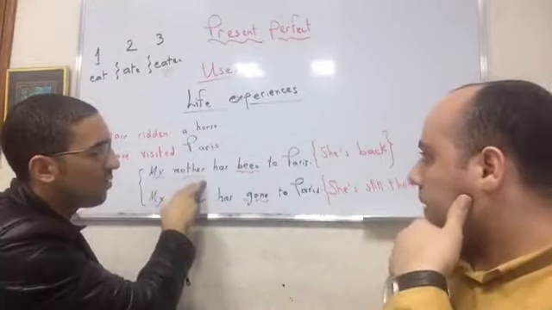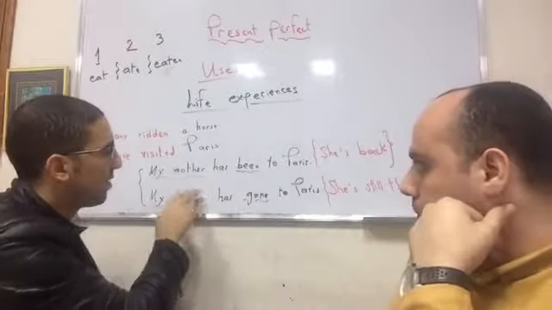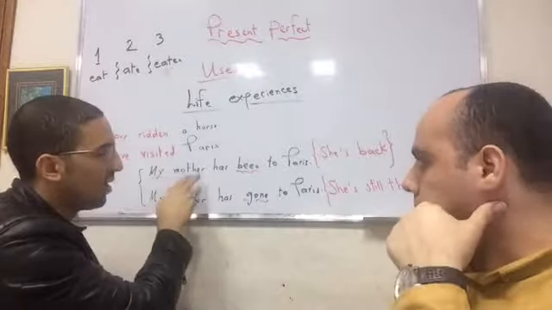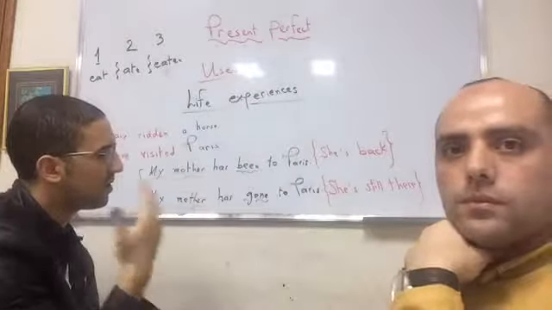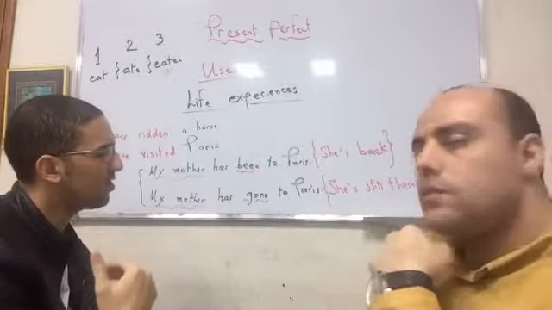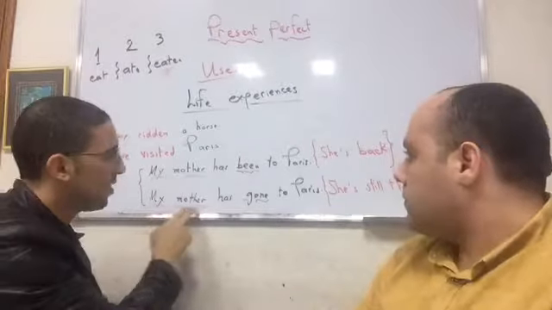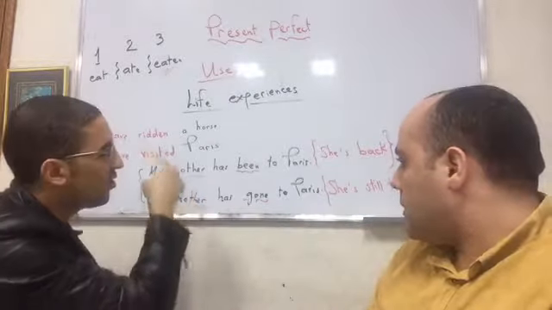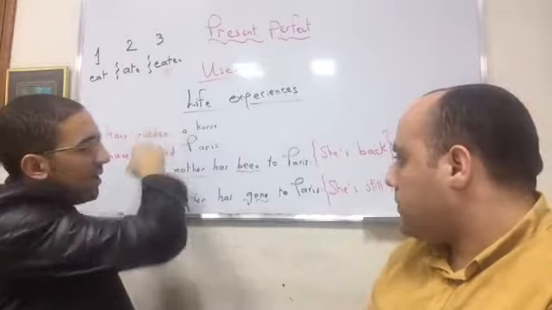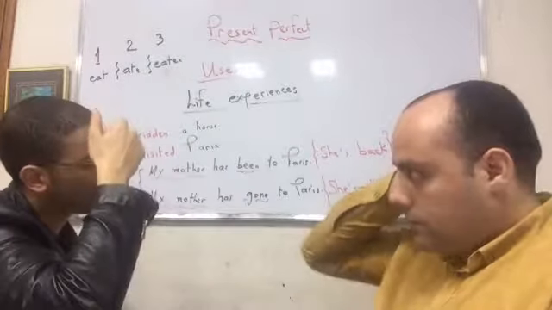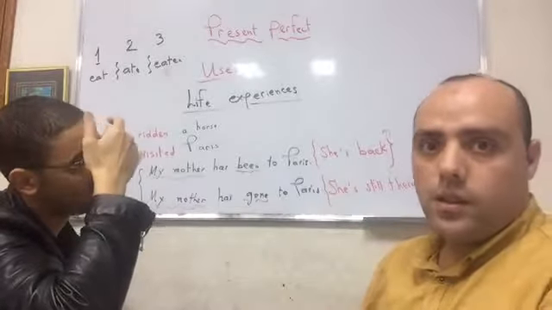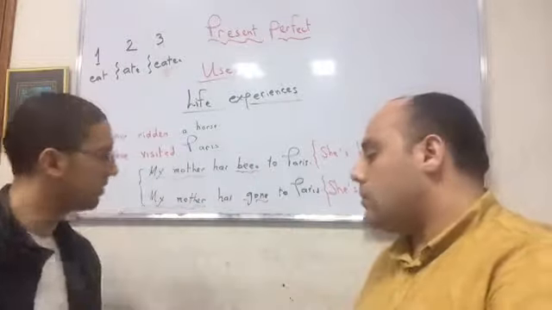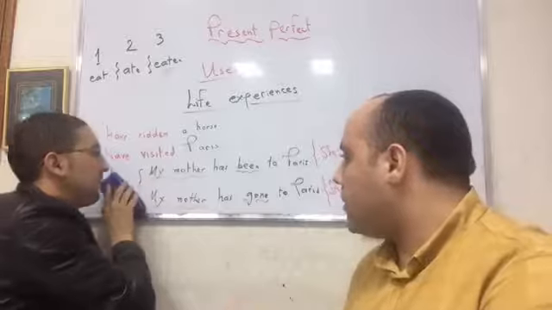"She has been to Paris" is the life experience use: it happened in the past, and we don't mention the time. "My mother has gone to Paris" is the first use, something that started in the past and is still happening in the present. She's still there.